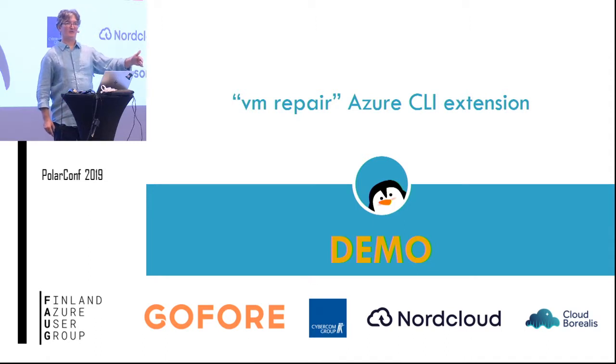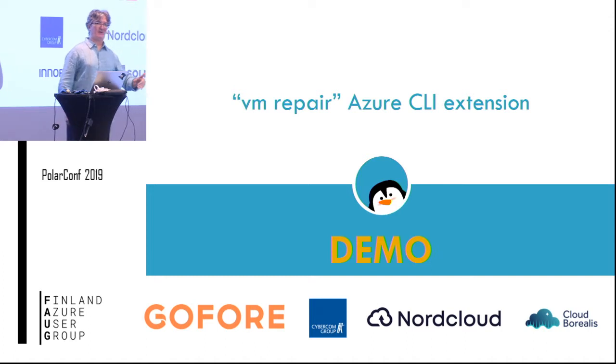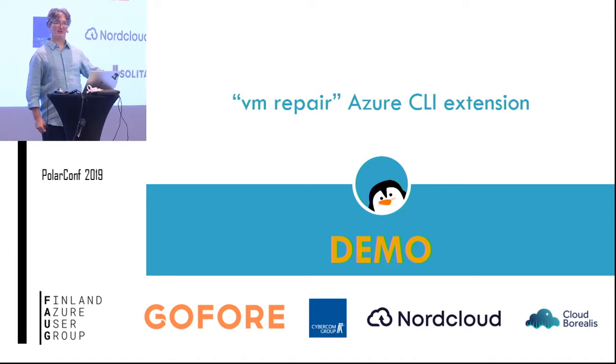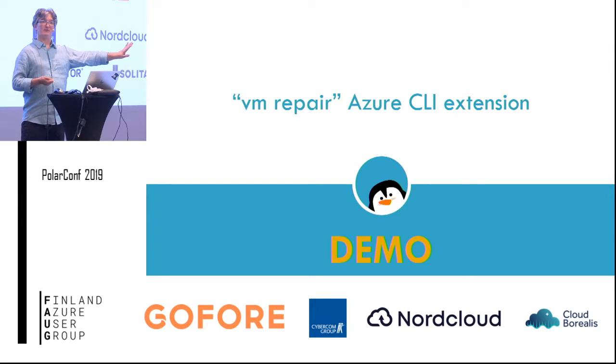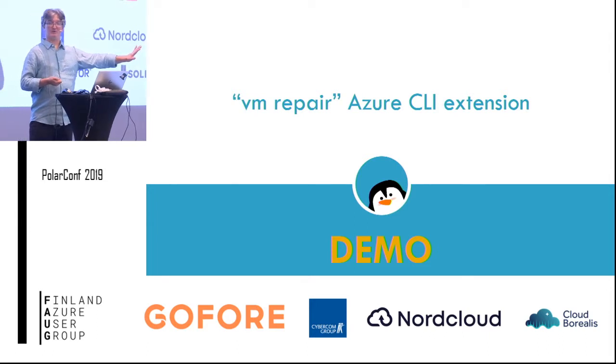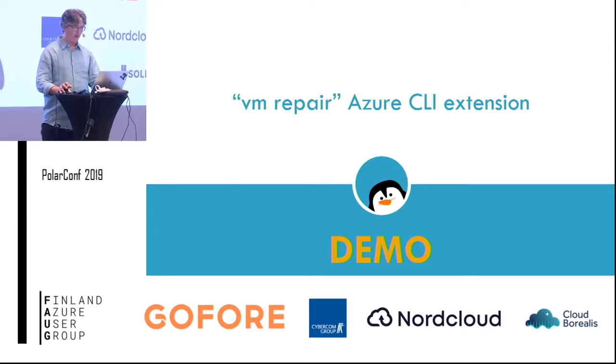Take its OS disk, create a repair VM, attach this to that one, then it's on you to fix the problem. And when the problem is fixed, they will do the restore for you and reattach that disk as an OS disk to your original machine. Oh, pretty cool. So let me show you how that works.